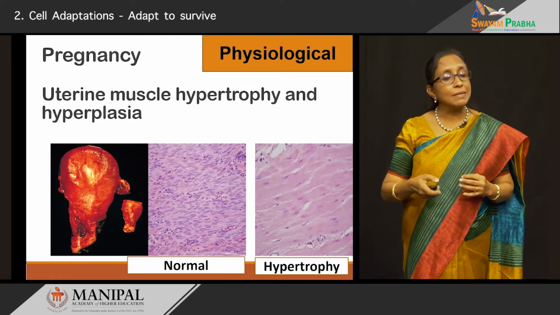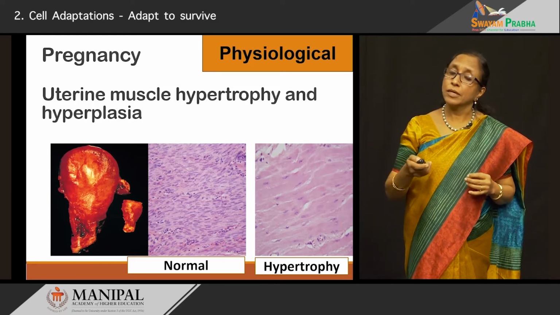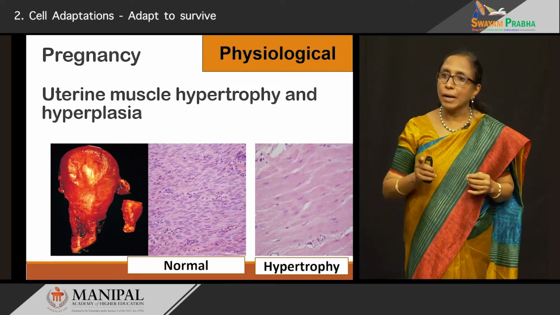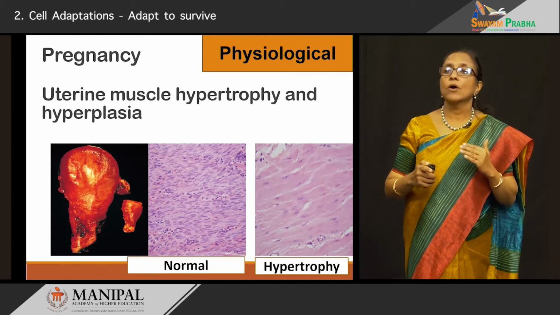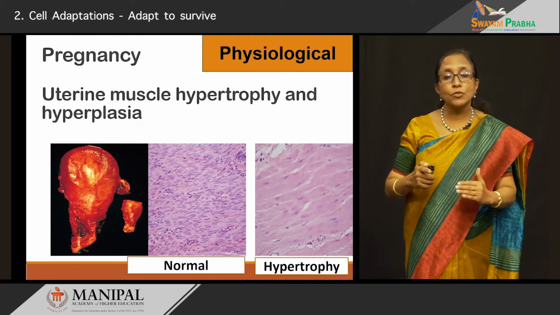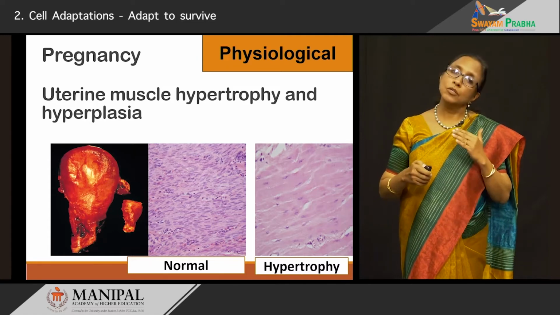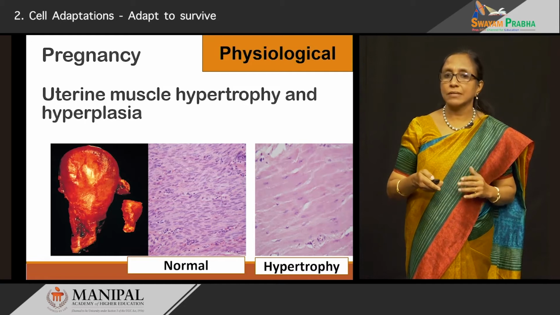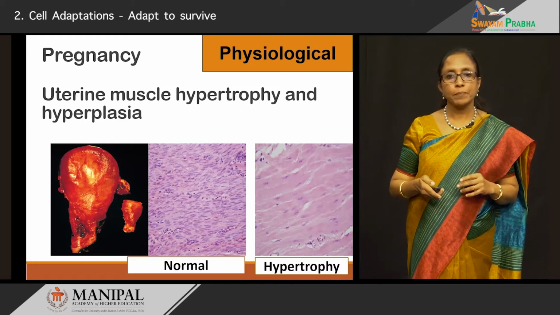So, we are seeing increase in the size of the cells. But nowadays, it has also been proved that it is not only hypertrophy that happens, but also hyperplasia. That means the number of cells, the smooth muscle cells of the myometrium, are also increasing in number. There is proliferation of the smooth muscle cells also. So, that is what we are seeing in pregnancy. So, it is both hyperplasia and hypertrophy.